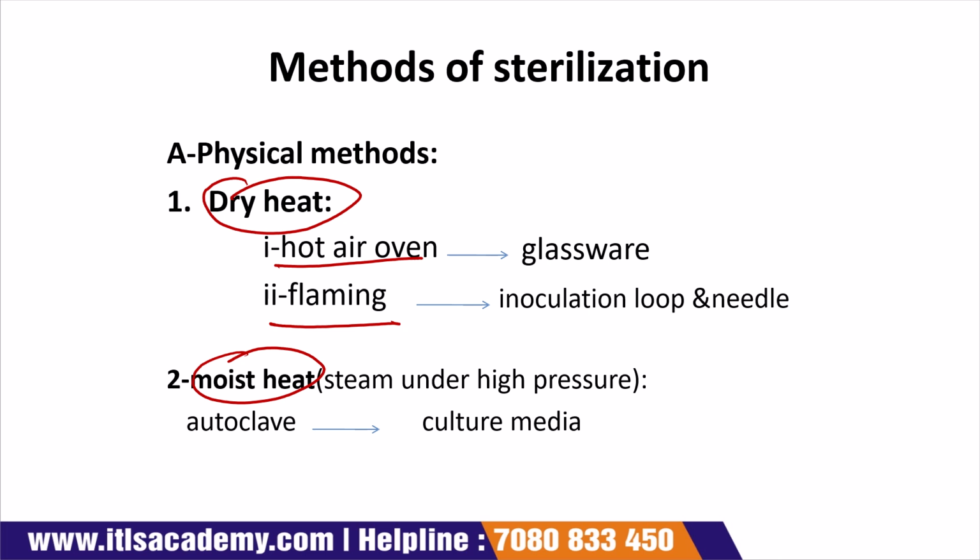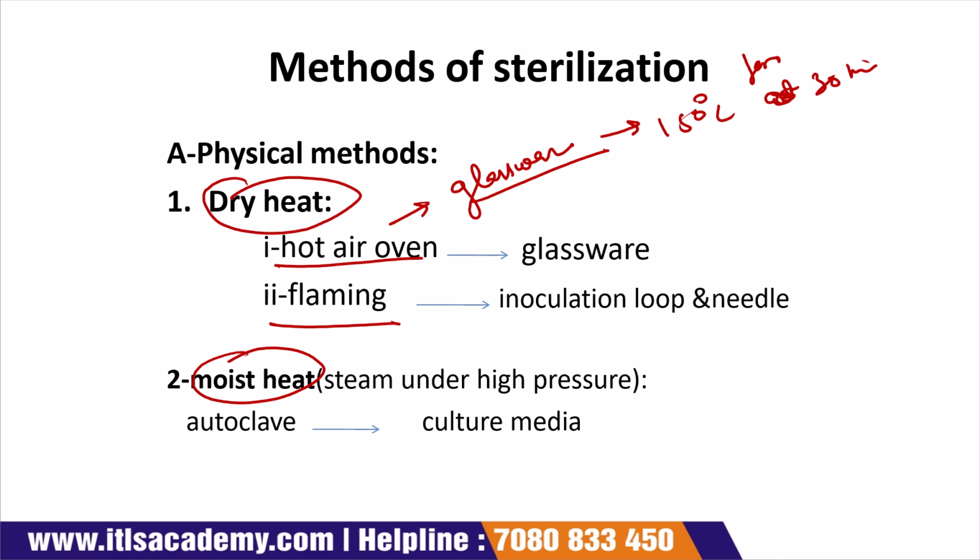Okay, so in hot air oven, we sterilize the glassware. Glassware should be sterilized at 150 degrees Celsius for 30 minutes. And flaming, we sterilize the inoculation loop and needle.